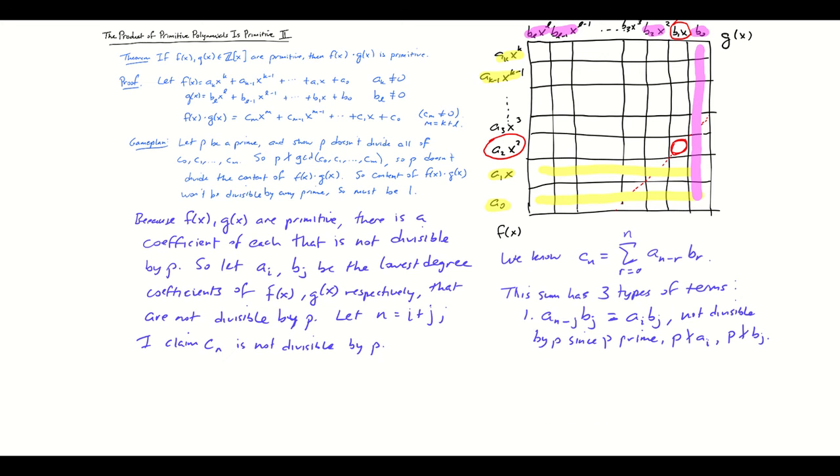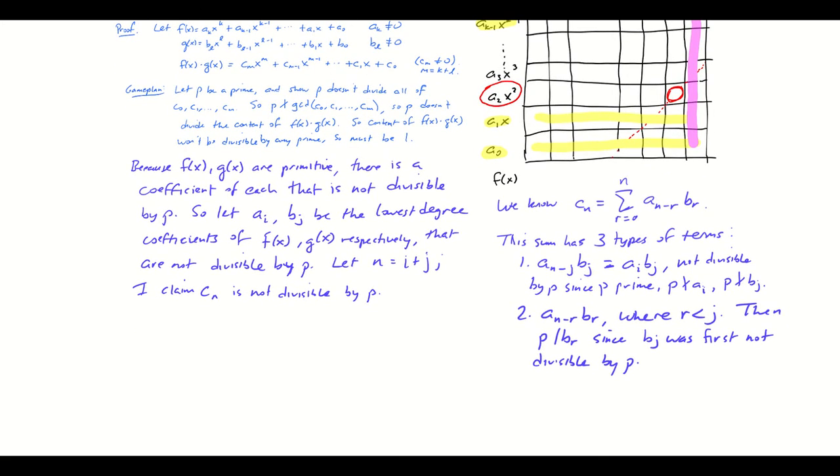In other words, looking at our diagram, we defined this to be the first term, or the lowest degree term, of g of x not divisible by p. That means all previous ones are divisible by p. That's what we're looking at here, lower degree coefficients b sub r, which all have to be divisible by p by our minimality assumption.